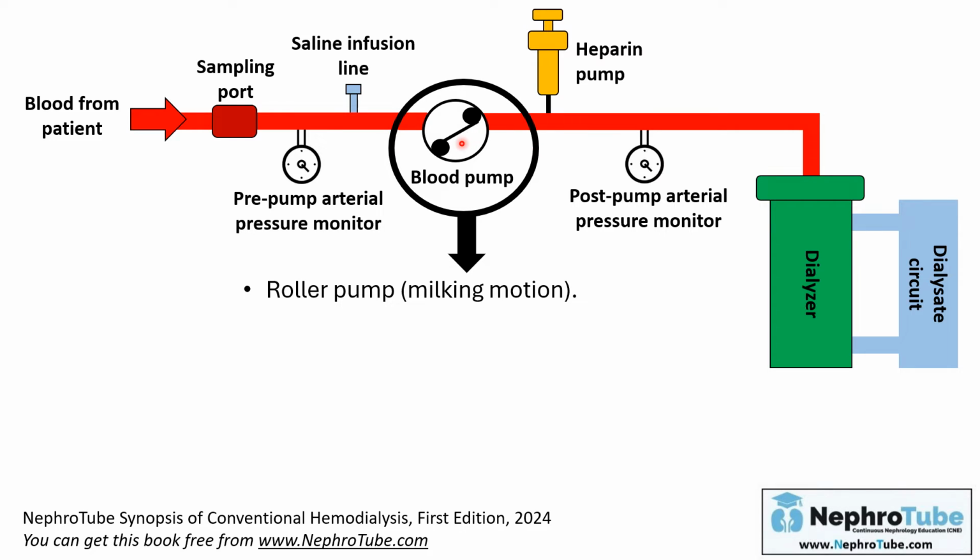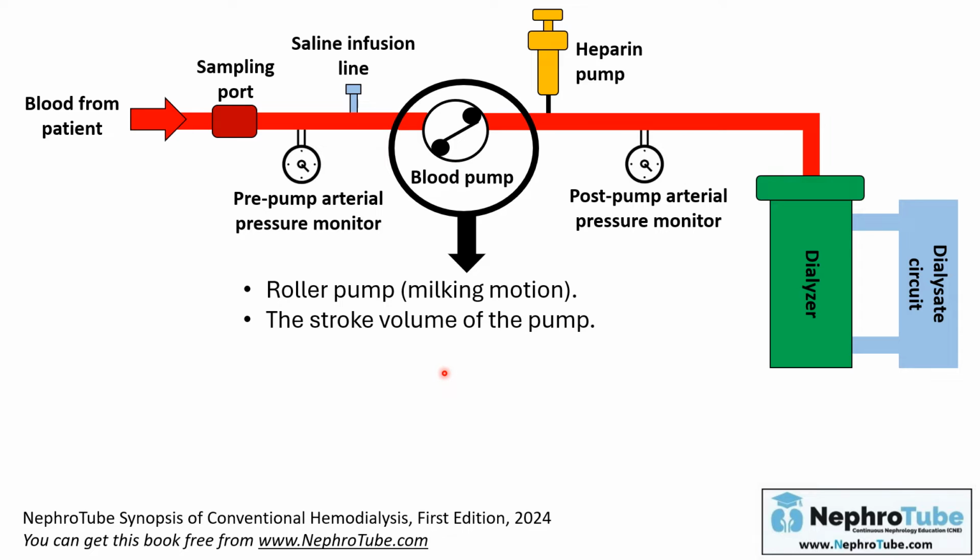This milking motion will cause the propulsion of the blood forward by the negative pressure that is caused by this milking action. So by this milking action, the pump compresses the arterial line, then pushes it forward, causing a negative suction pressure that will move the blood forward.